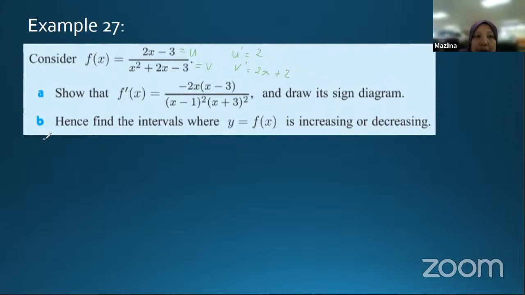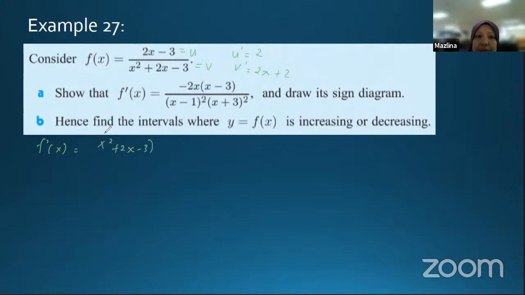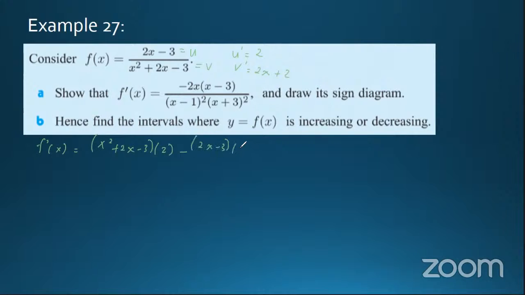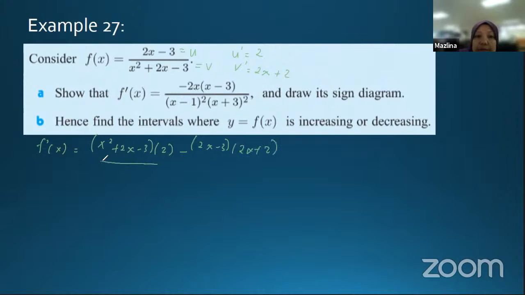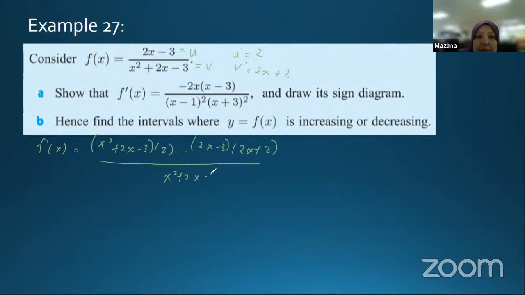Therefore, your f prime using the quotient rule: v times u prime minus u times v prime, over v squared. V times u prime is (x squared plus 2x minus 3) times 2, minus (2x minus 3) times (2x plus 2), over (x squared plus 2x minus 3) squared.